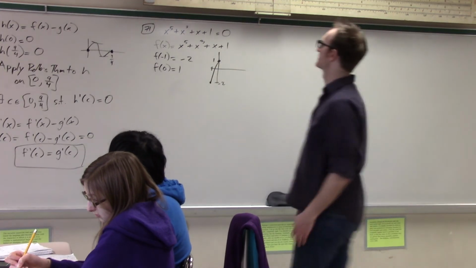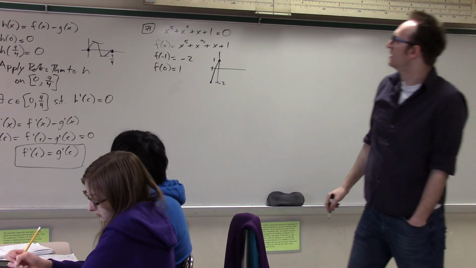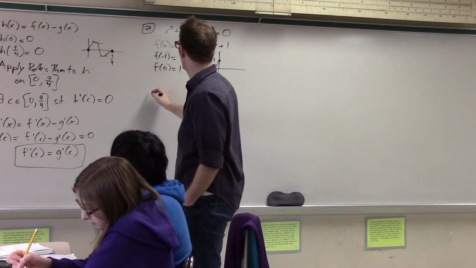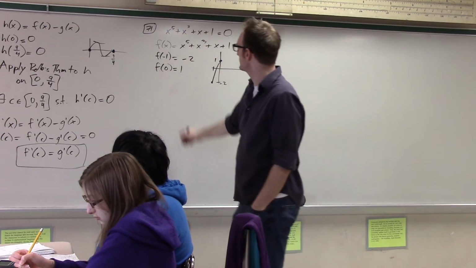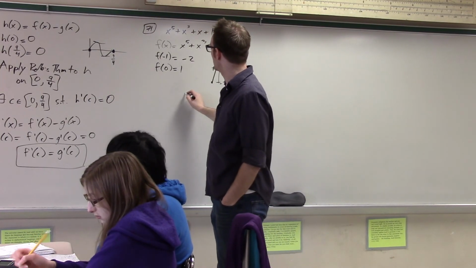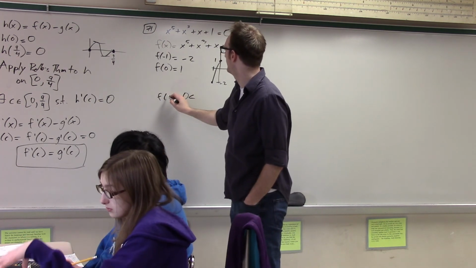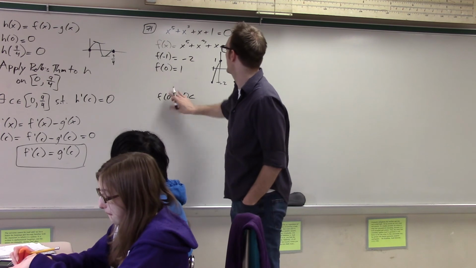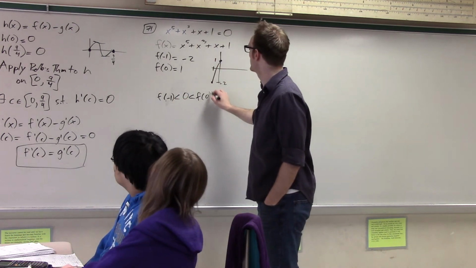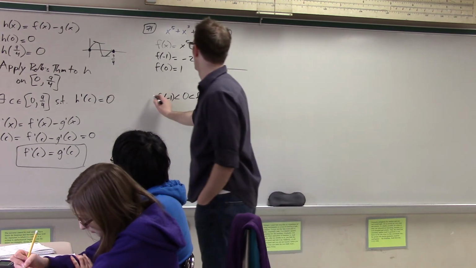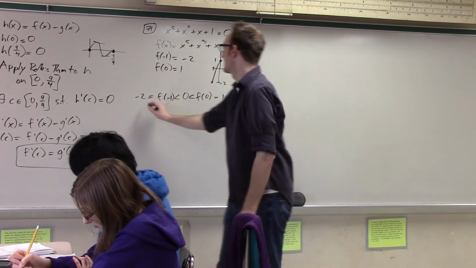So it must cross the x-axis somewhere between -1 and 0. So you just say that, right? This function is a polynomial, so it's continuous everywhere, and 0 is a y value between f of -1 and f of 0. F of 0 is 1, and f of -1 is -2, so 0 is between -2 and 1.